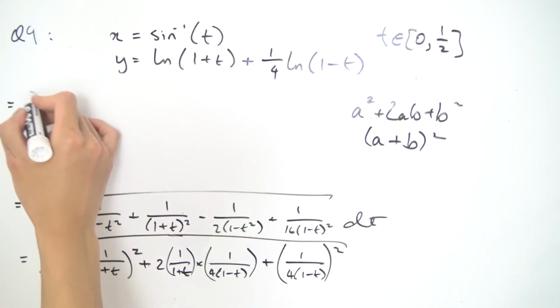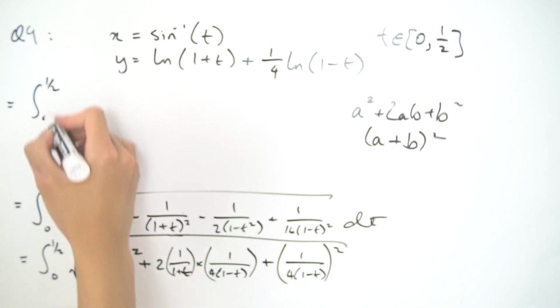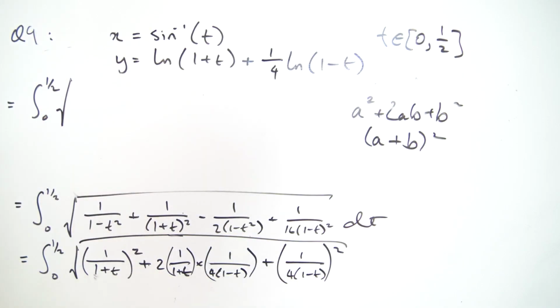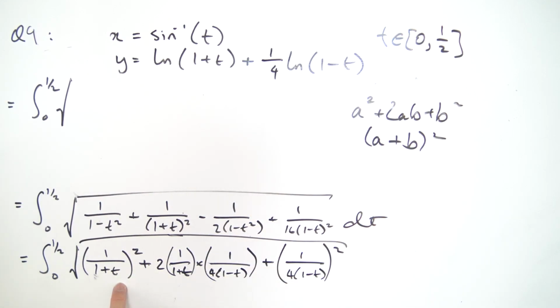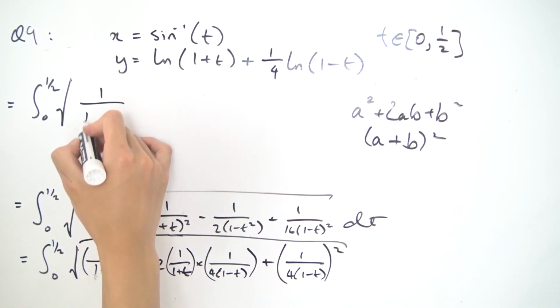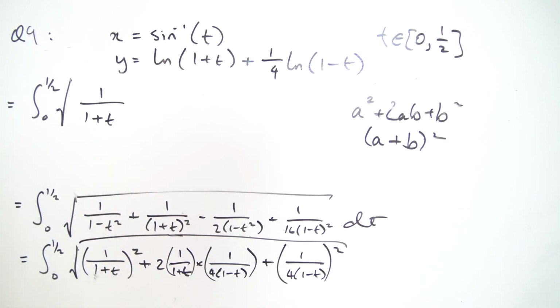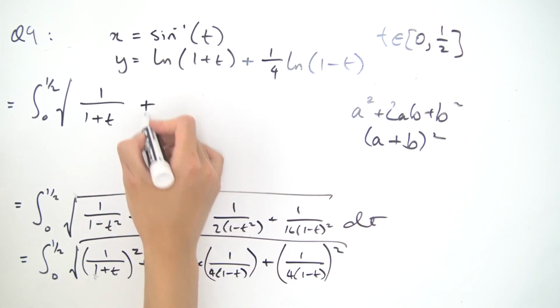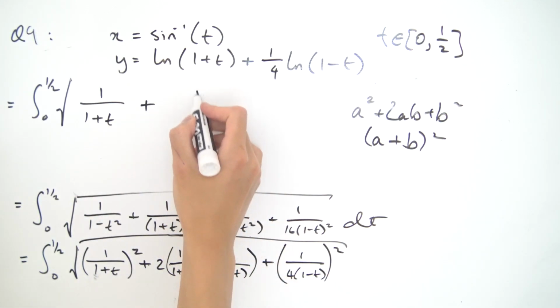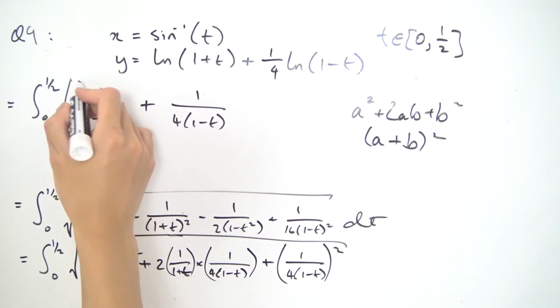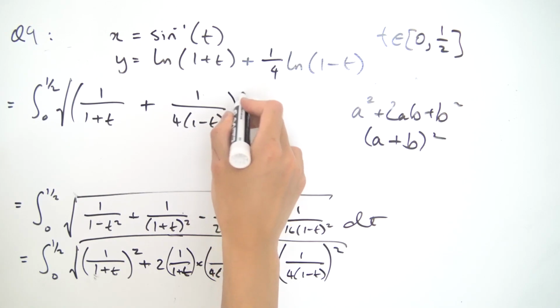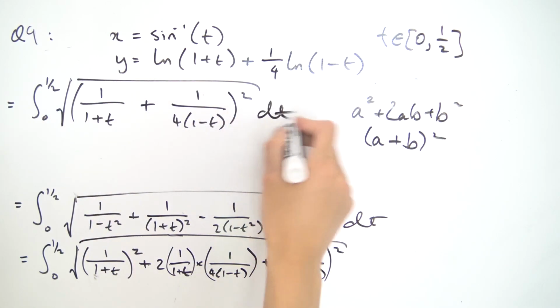So now this is equal to the integral from 0 to 1/2 of the square root of a, which is exactly 1 over 1 plus t, and then plus b, which is 1 over 4, 1 minus t, and then this is the whole thing squared in the square root.